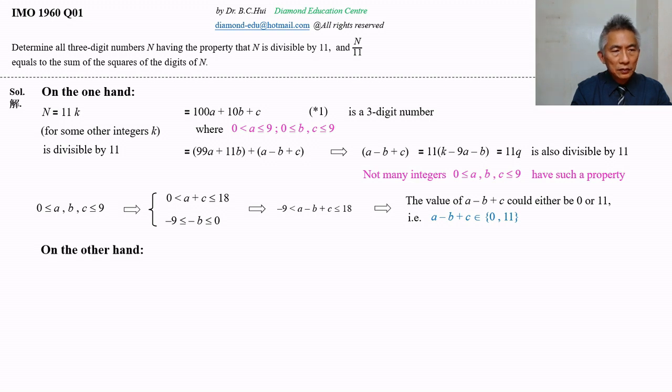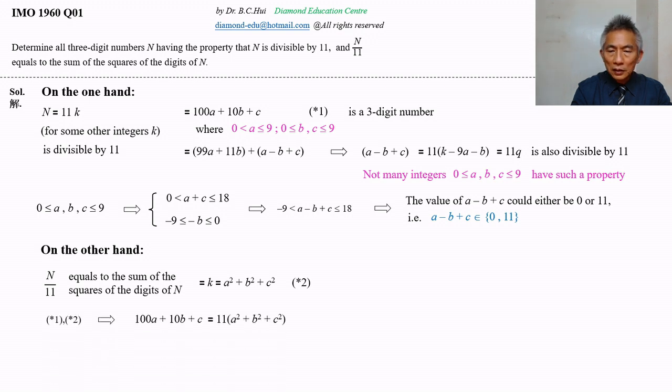On the other hand, we also require n over 11 to equal the sum of the squares of all its digits, which is a square plus b square plus c square. We call this equation number 2. Now, from equation 1 and equation 2, we get 100a plus 10b plus c equals 11 times bracket a square plus b square plus c square close bracket.